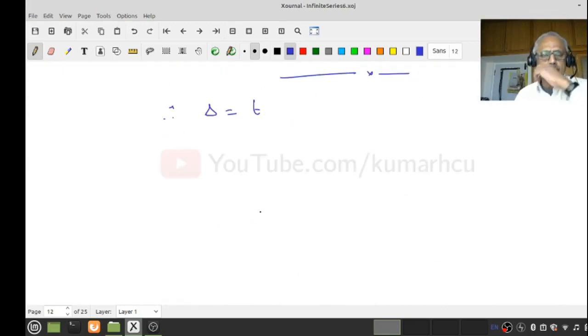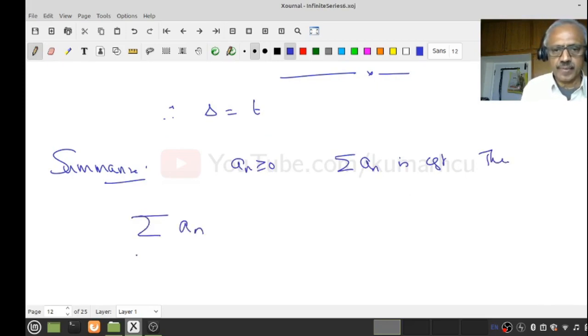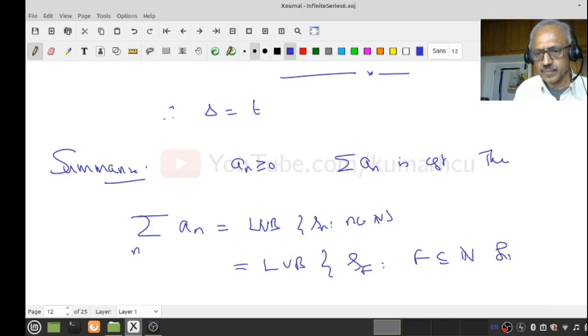So, let me summarize. The a_n are non-negative. Let us assume the sum of a_n is convergent. Then this sum, which is nothing other than the LUB of the partial sums S_n, is nothing other than the LUB of S_F, where F is a finite set.